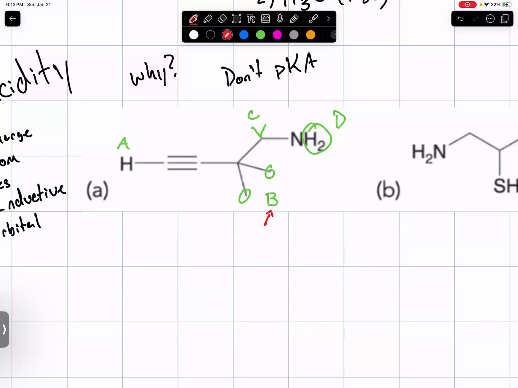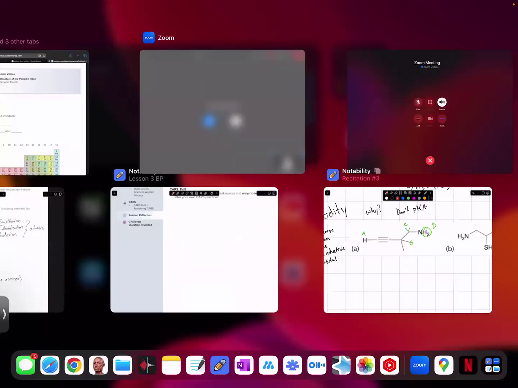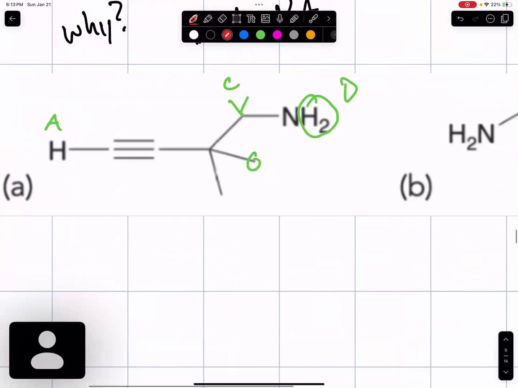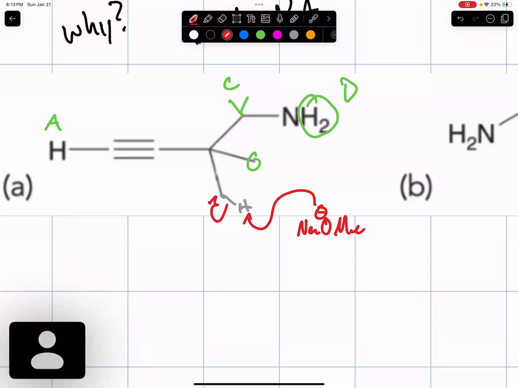Think of what would happen if we deprotonated a proton on B. Okay, we pick that up, we deprotonate it, let's say with some methoxide anion. Boom, we deprotonate that. Now we get something that has a negative charge, right, in this terminal position. Is there anything I can do with that negative charge?